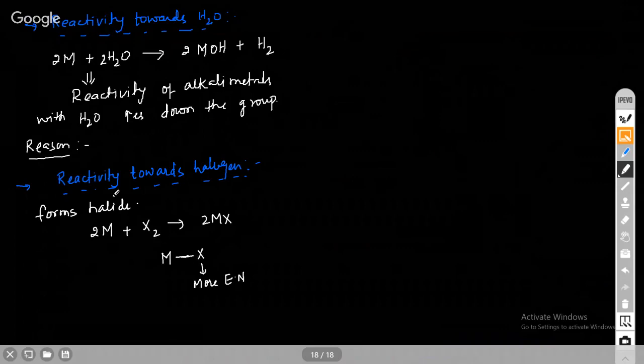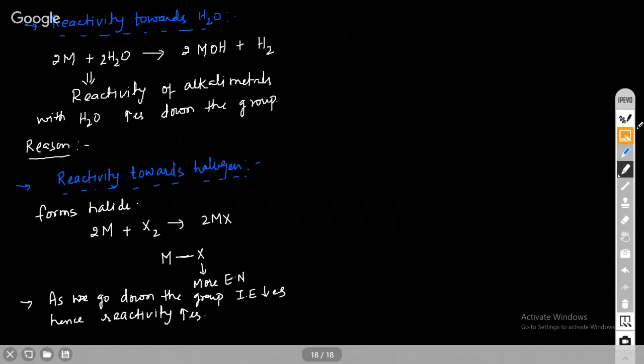So for the reactivity of alkali metals towards halogen, as we go down the group, ionization energy decreases and hence reactivity increases. Reactivity means reactivity of the metal.